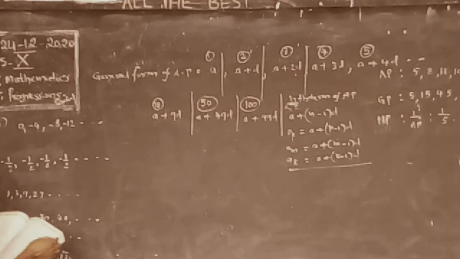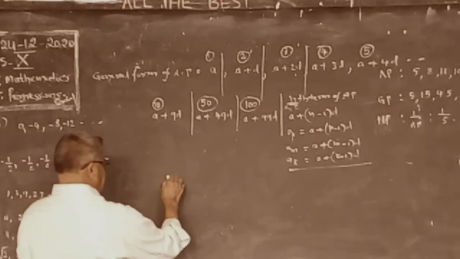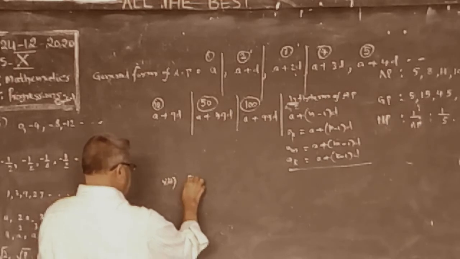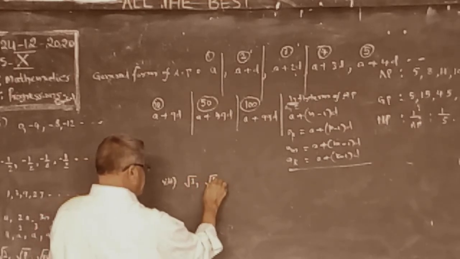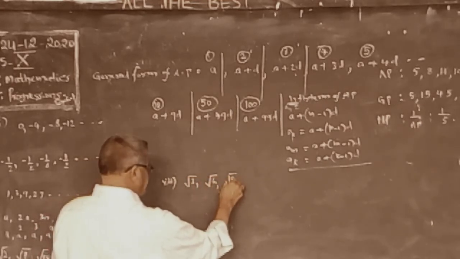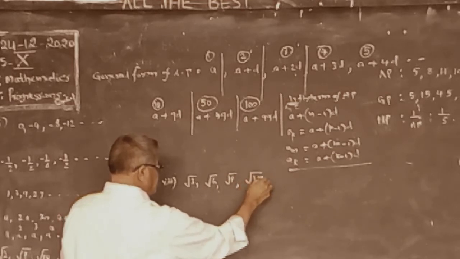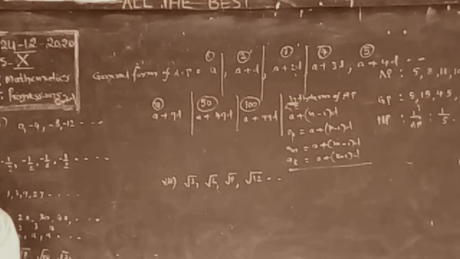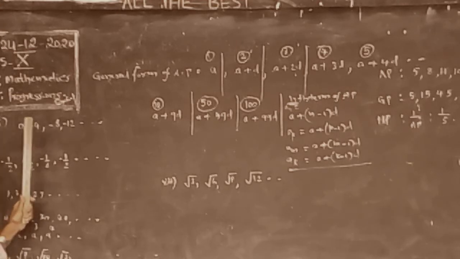Thirteenth: root 3, root 6, root 9, root 12. See, these are series, lists of numbers. We have to say whether it is an arithmetic progression or not.